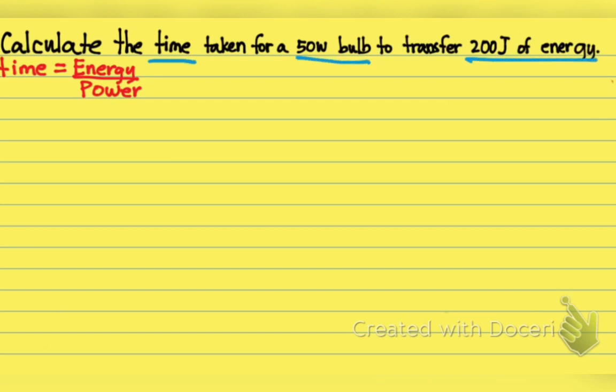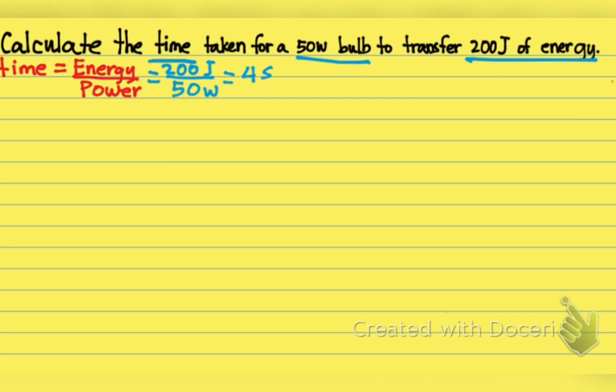We have the power, which is 50 watts, and the energy transferred is 200 joules. Now let us substitute. Energy is 200 joules divided by the power, which is 50 watts. So we solve this and it is equal to 4 seconds.